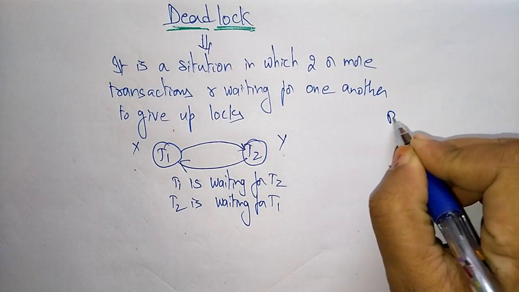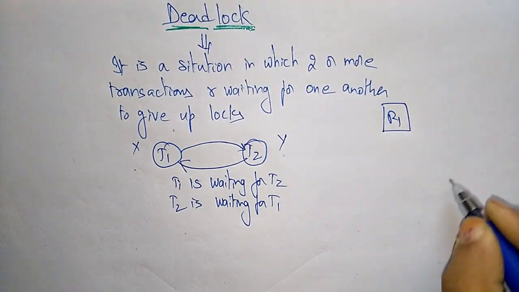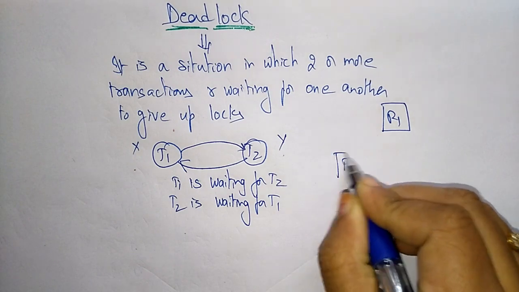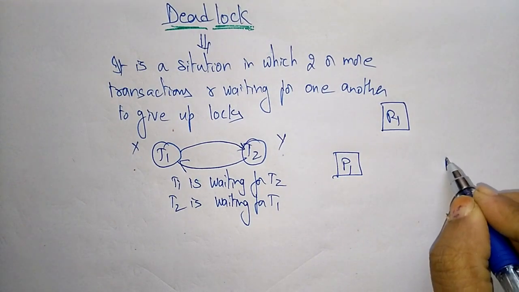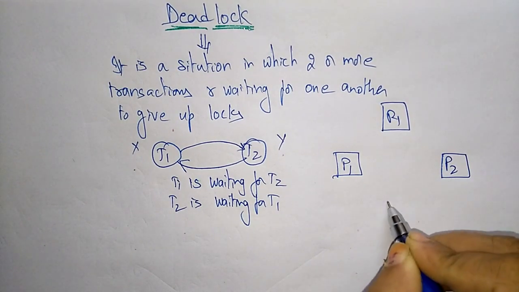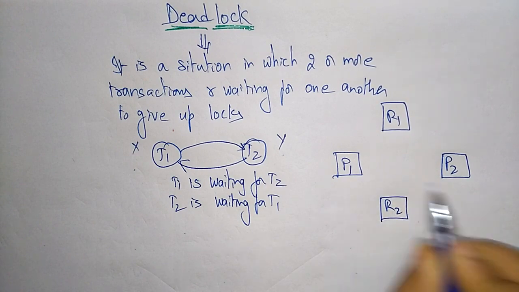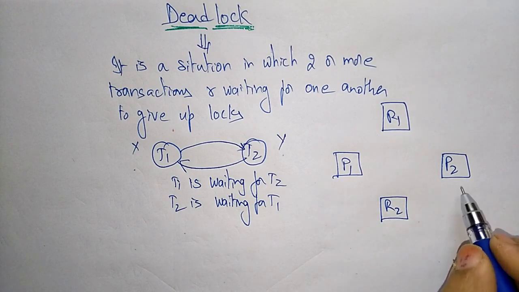Suppose you take resource R1, process P1, process P2, resource R2. So here two processes are there, P1 and P2.